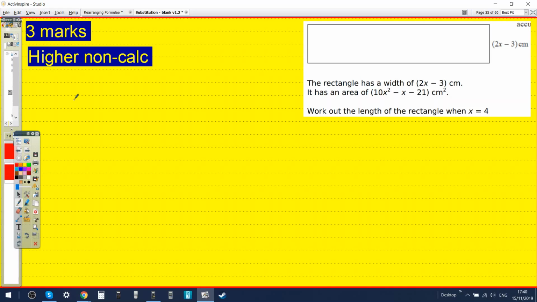Then it has an area of, so 10 times 4 squared is 16, so 160 minus 4 minus 21 is the area, which equals so 156, and then minus 21, 135, I think.